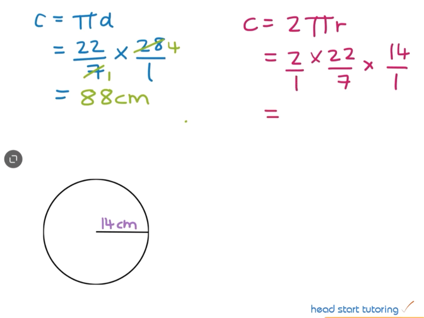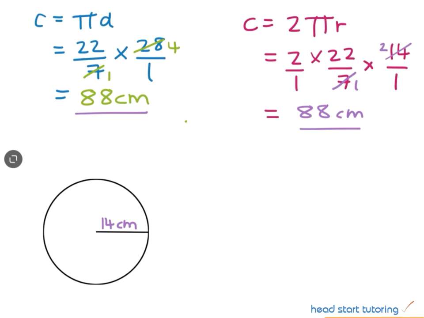And what we can now do is cross cancel. So 7 into itself once, 7 into 14 twice, and then we say 2 times 22, which is 44, and 44 multiplied by 2 is again 88 centimeters. So as you can see, our 88 centimeters there and our 88 centimeters there are equal to each other.